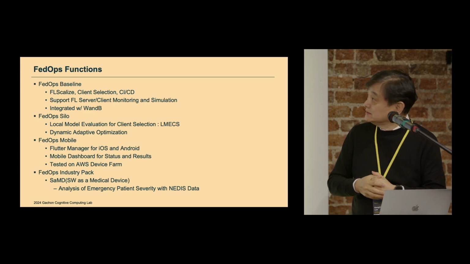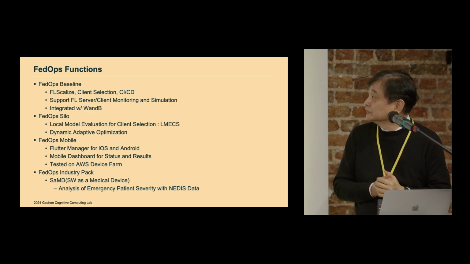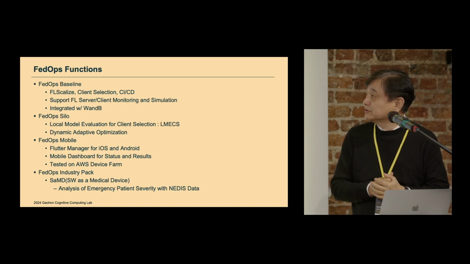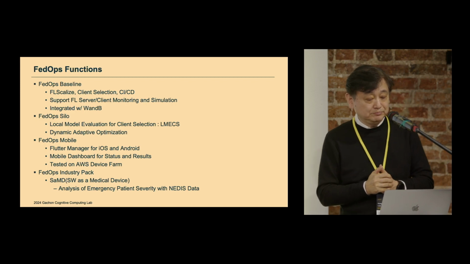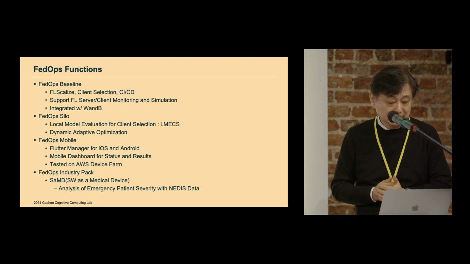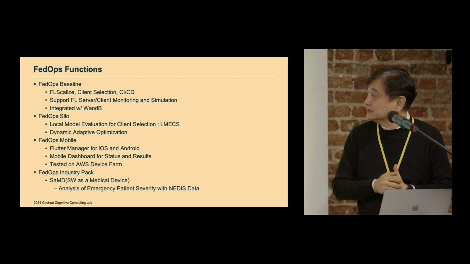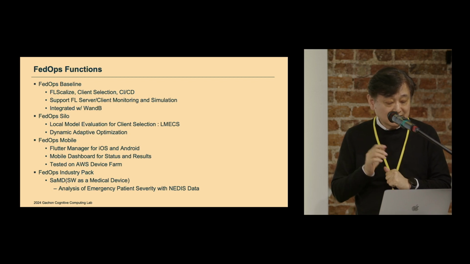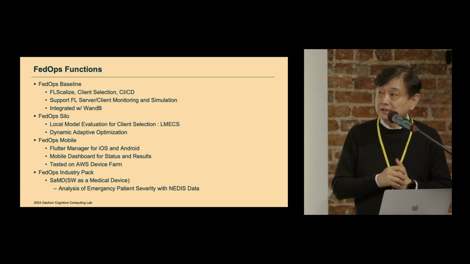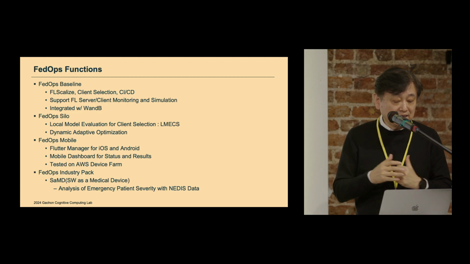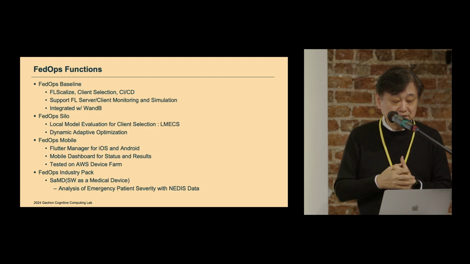The baselines are already explained, and we support monitoring and simulation. We brought a specific use case using RMECS, the local model emulation for client selection. Basically, client selection is one of the important issues.